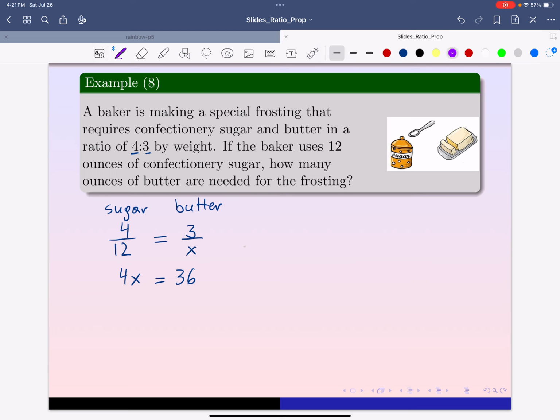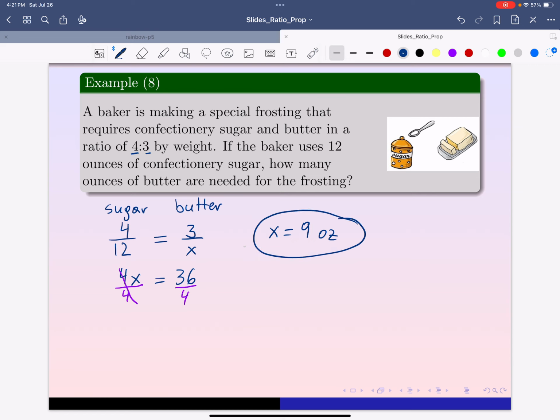To solve it for x, we divide by 4, this cancels out. So we have that x is equal to 36 divided by 4, which is 9. So we need 9 ounces of butter.